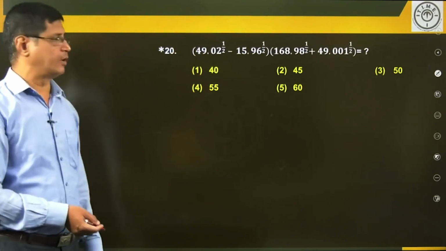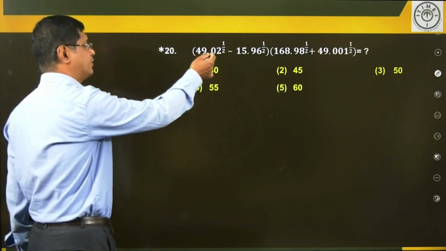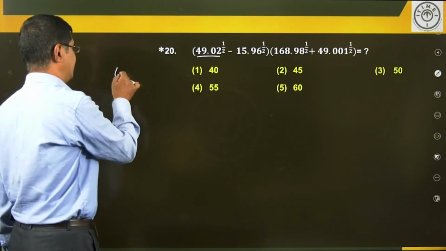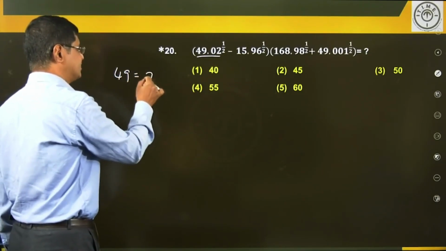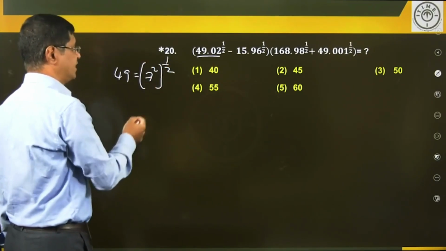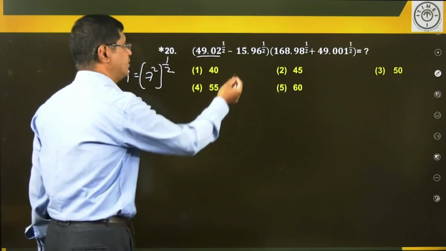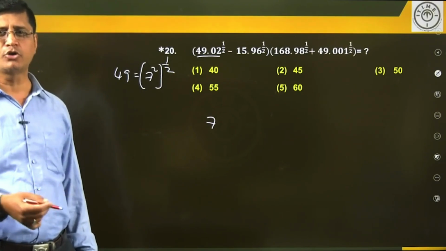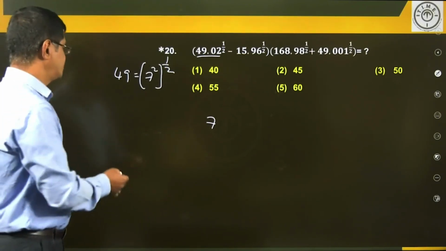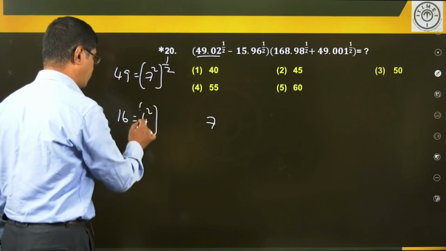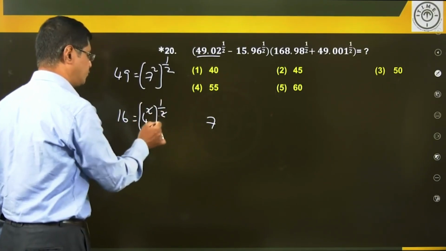49.02 whole power 1 by 2. 49.02 means approximately 49. 49 is 7 square. 7 square whole power 1 by 2, that is 7. Similarly, here 15.96 is approximately 16. 16 means 4 square. 4 square whole power 1 by 2, that is 4.